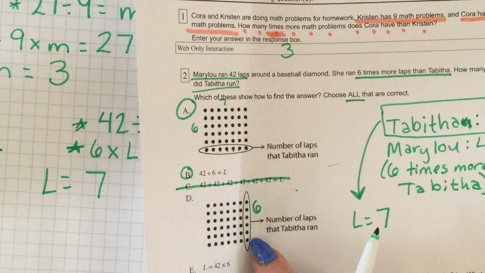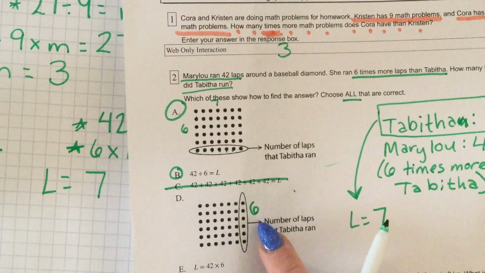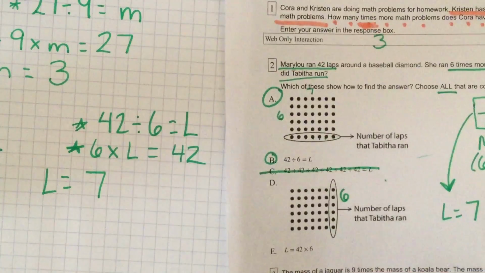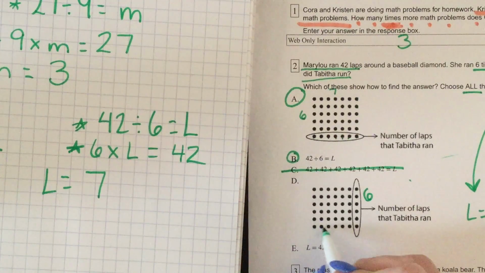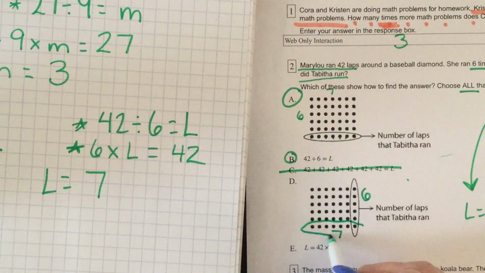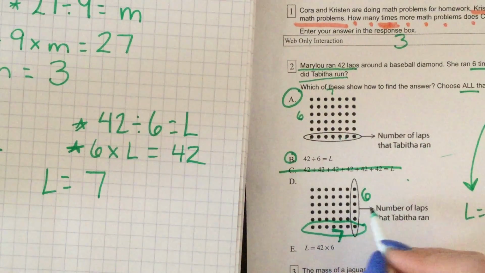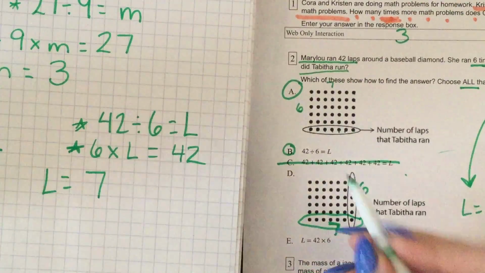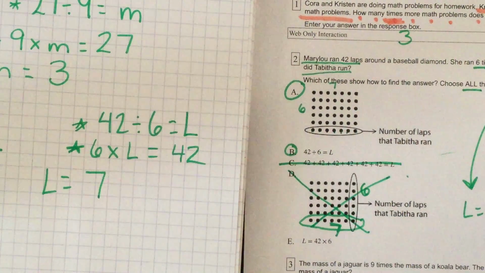Does that tell us how many laps Tabitha ran? 6? Oh, there's the train again. It sure doesn't, and here's why. Because remember, 1, 2, 3, 4, 5, 6, 7. That's how many laps she ran. This tells us how many times more laps Mary Lou ran. So D, also not going to be the correct answer.